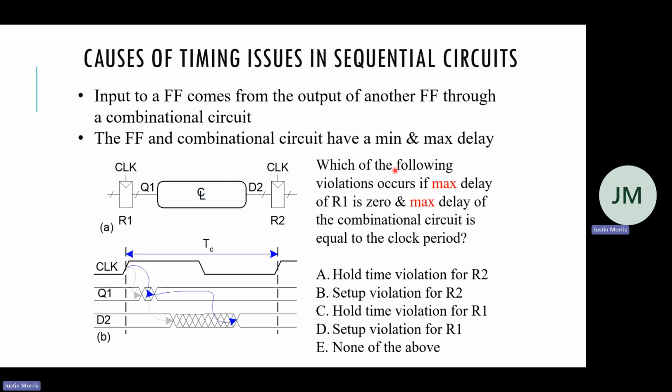The question is, which of the following violations occurs if the max delay of R1, so this flip-flop, is 0, and the max delay of the combinational circuit is equal to the clock period? So propagation delay is from here to here.